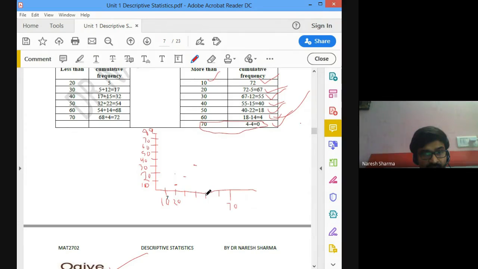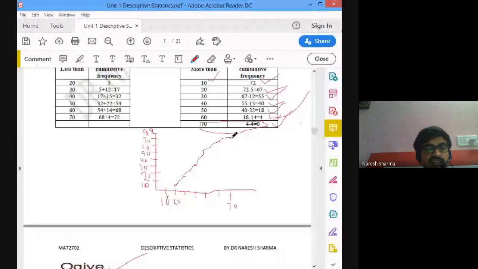At 50 it should be 54, something here. At 60 it is your 68, something here. And at 70 it is 72, something here. Now join this. Right, so this is the rough graph. This is the less than cumulative frequency curve.